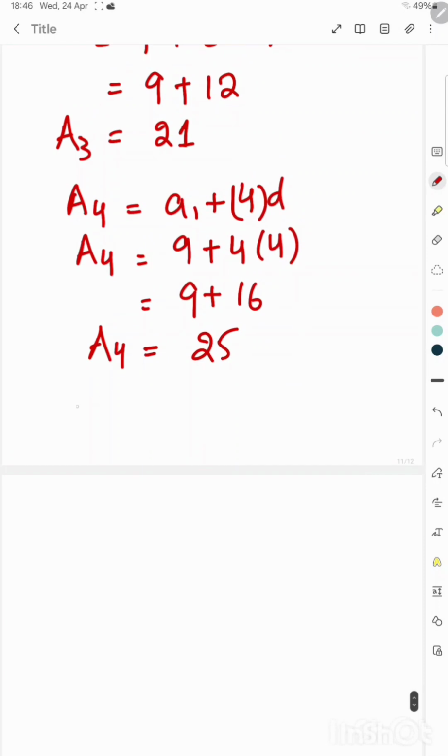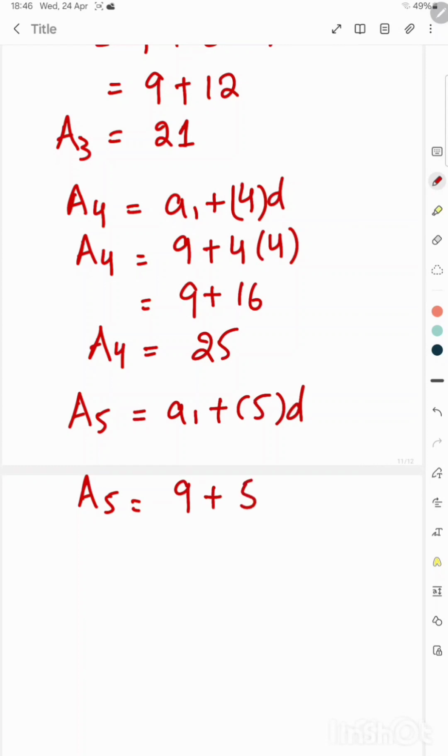Now we have to find the last one, the fifth arithmetic mean. Again put n is equal to 5, and here we get A5 is equal to 9 plus 5 times D, with D equal to 4, so 9 plus 20, which is equal to 29.